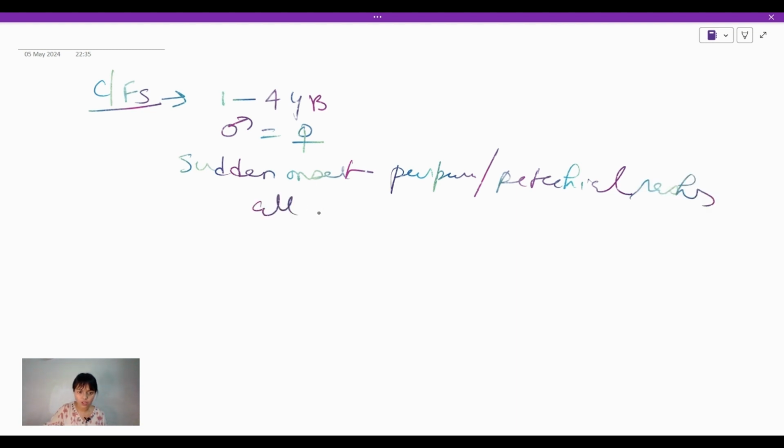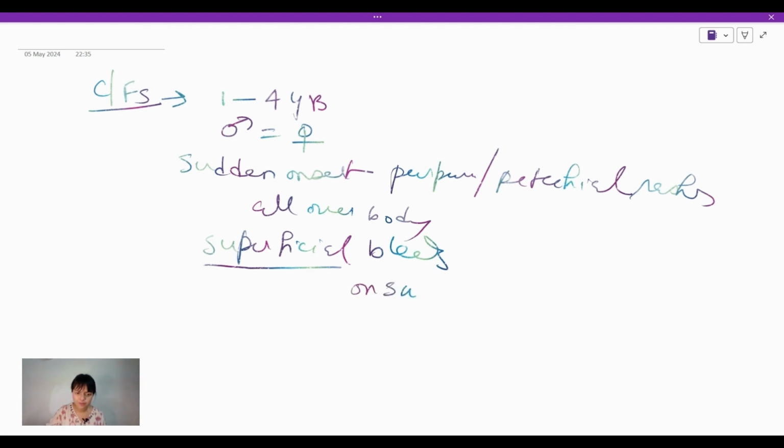all over the body. Okay, basically, this is characterized by what, students? Superficial bleeds, right? This you need to remember, superficial bleeds, because the bleeding in joints, that is the deep seated bleeds, generally occurs due to what? Coagulation disorders, right? So superficial bleeds means bleeding on skin and in mucosa, right?